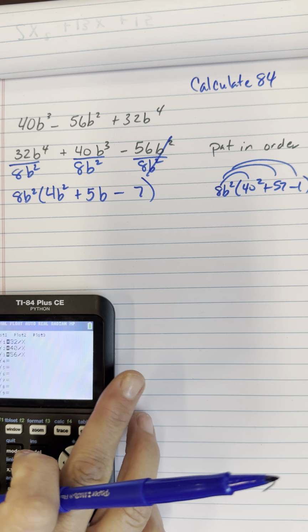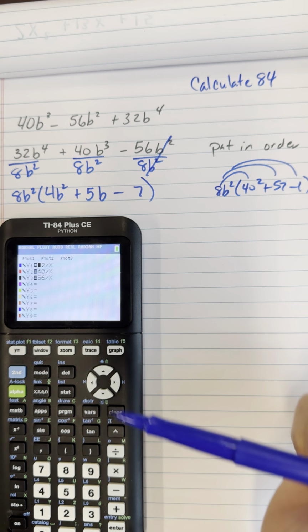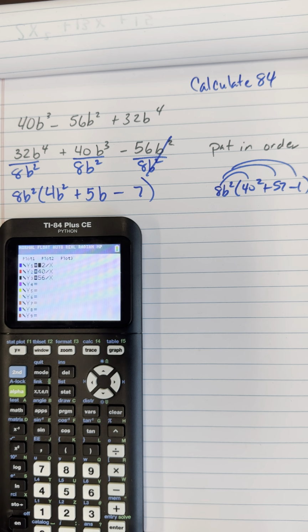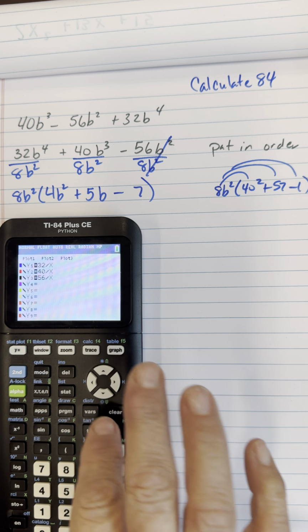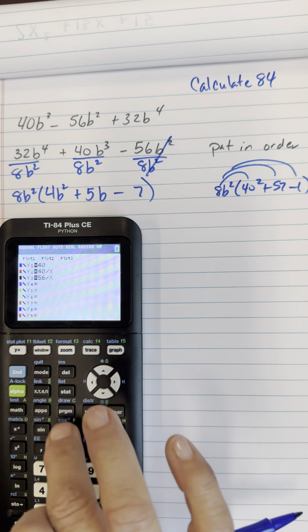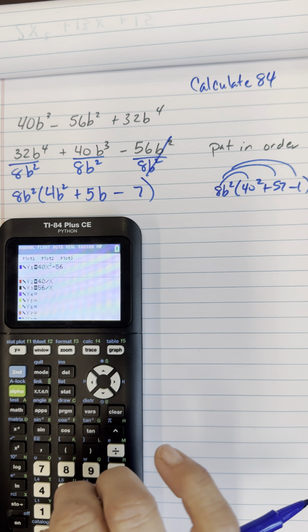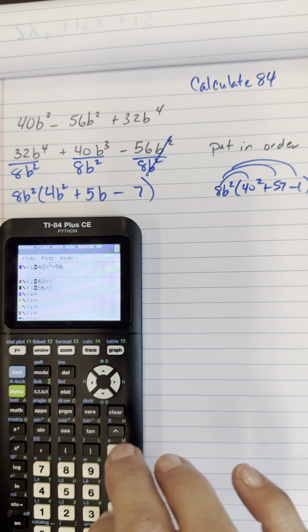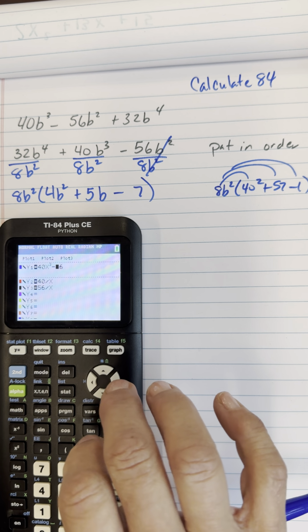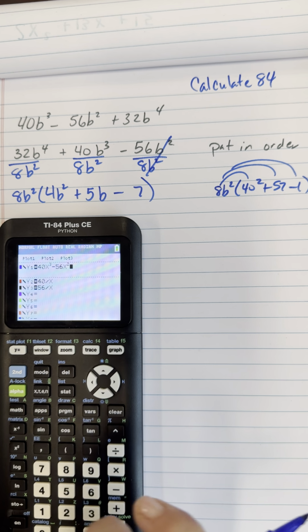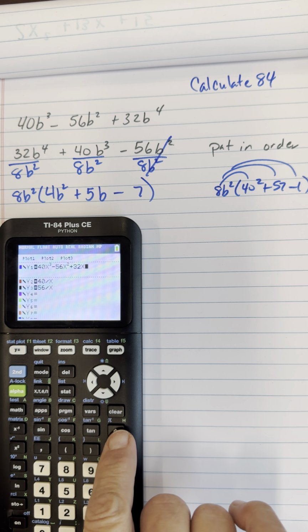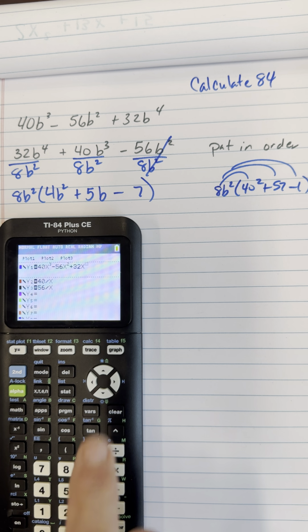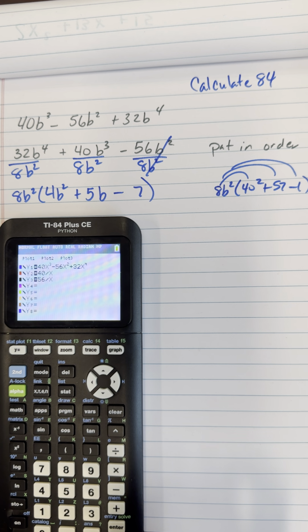Also, to check your answer, so again, we took the number and divided by x, and that finds the greatest common factor, the number 8. And to check your answer, you can do 40x squared minus 56, oops, that wasn't x squared, that was x to the 3rd, minus 56x squared plus 32x to the 4th, and you use the raise button to the 4th power, and then put the answer that you got, which was 8.